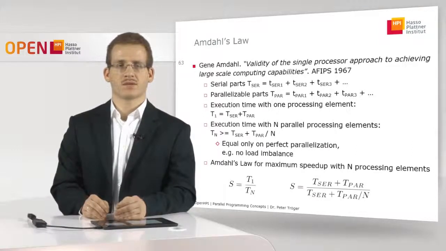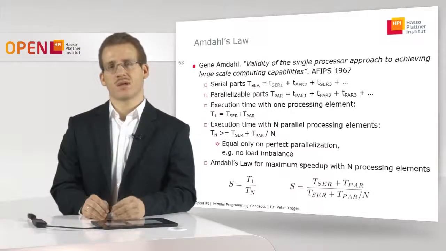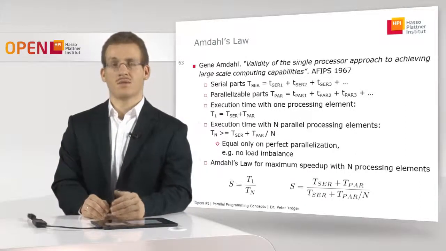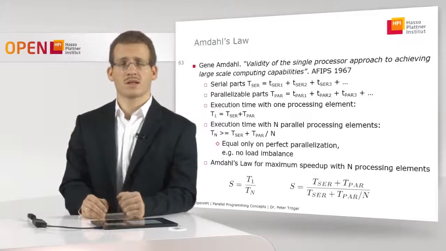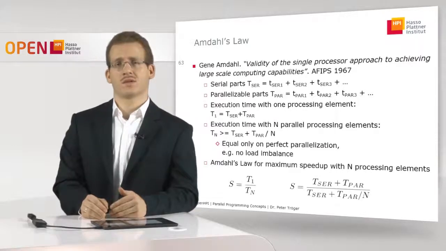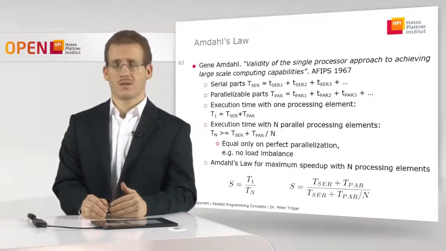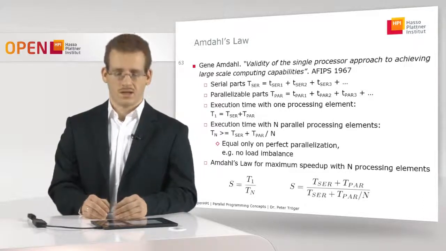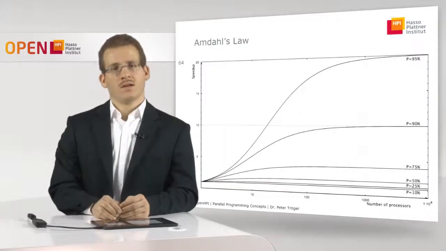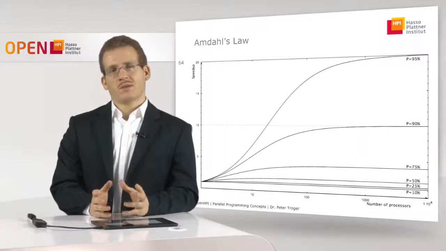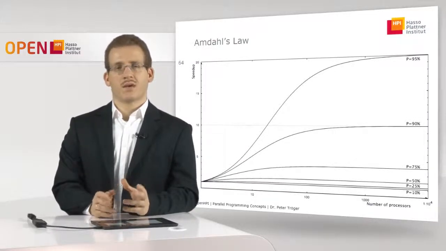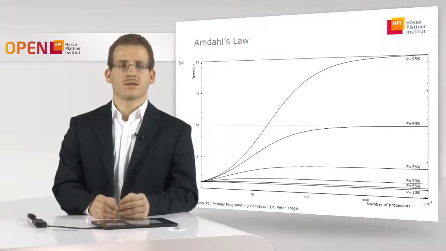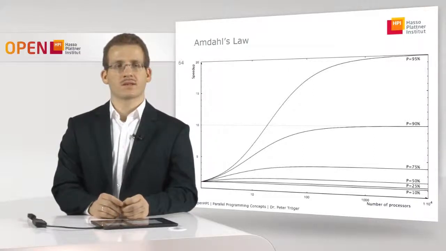And Amdahl's law now says this value is the relationship between the execution time without using multiple processing elements and the execution time that you have when you use multiple processing elements. So this is T1 divided by Tn. When you take this formula from Amdahl's law and you plot it into a graph, like here, you see an interesting effect. So here we see a logarithmic scale on the x-axis for the number of processors.